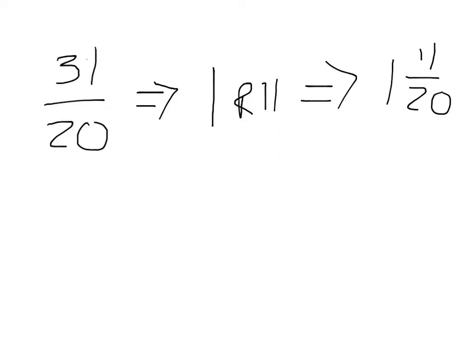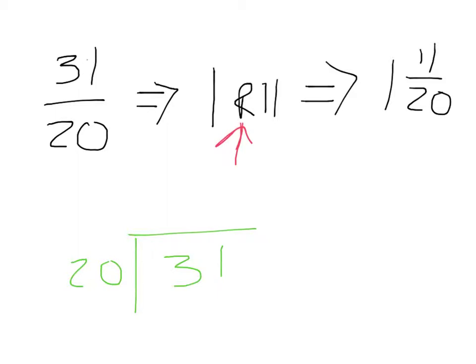Okay? How did we get this part? Okay? The easiest way to do that, if you don't want to do this in your head, which is good to show your work, what you can do is 31 divided by 20. Okay, 20 goes into 3 0 times.